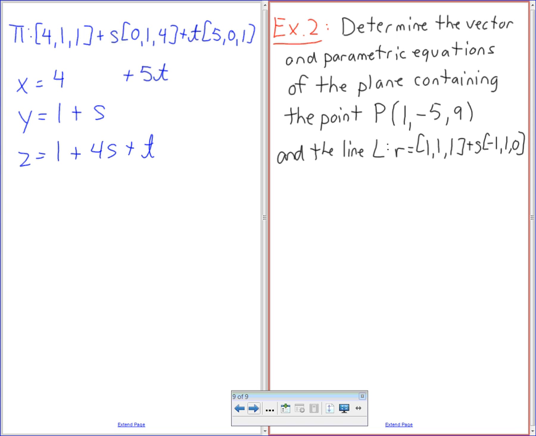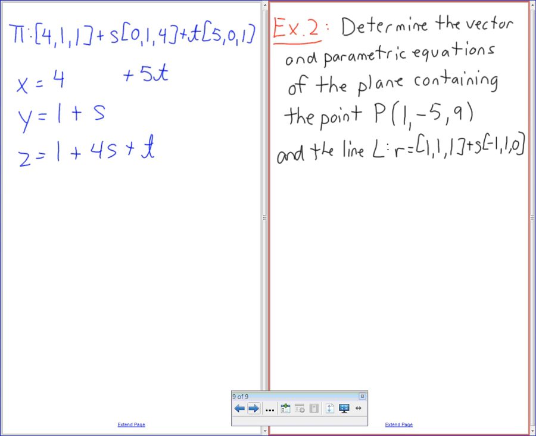I'm going to draw on this board here, and hopefully this will become clear. If this is my plane, this is my point, and there's my line, how would I get direction vectors from that? Good. Let's say I pick this point and this point, or any 2 points. All of a sudden, there's one direction vector, and there's another direction vector. We said we needed a point and 2 direction vectors.